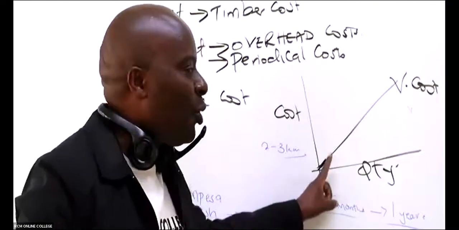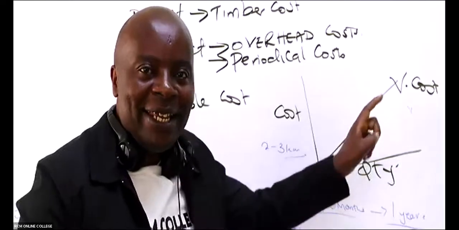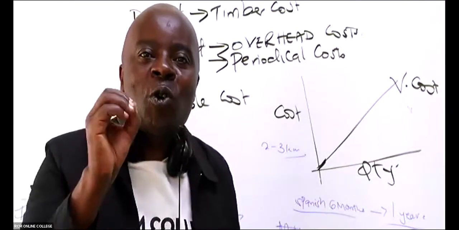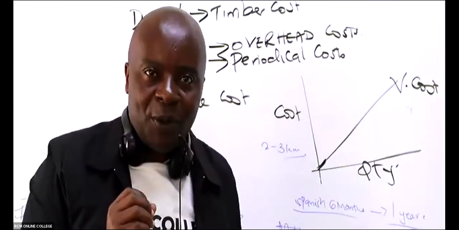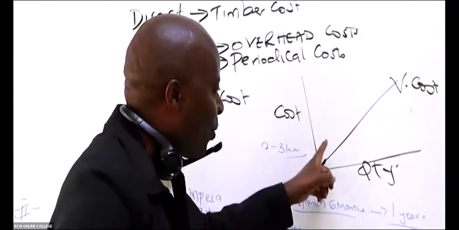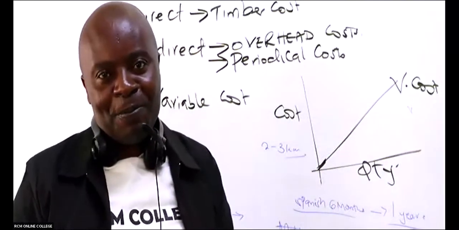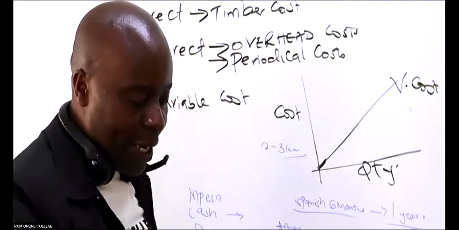If we continue producing more units, variable costs increase. Variable costs are also known as direct costs because they are directly proportional to the quantity that you produce. Direct costs.